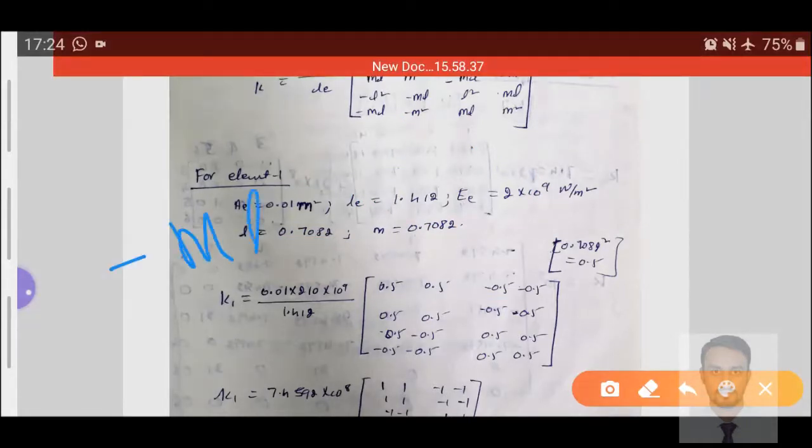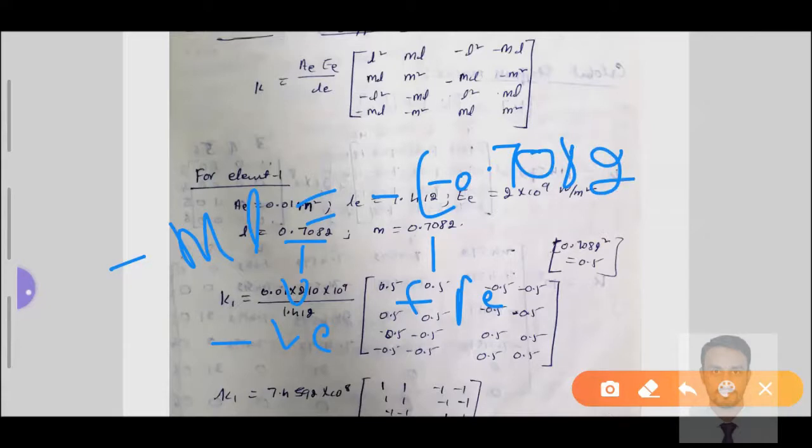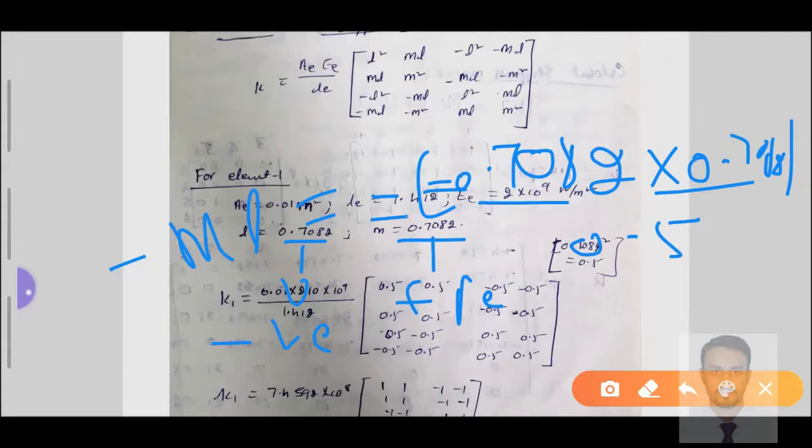Minus ml, which is equal to, for example this value is negative, assuming this value is positive, then we have minus of minus 0.7082 into 0.7082, for example. So then this will be equal to 0.5, minus is there, multiply inside, this will be positive. If you have minus here, again this will remain the same.